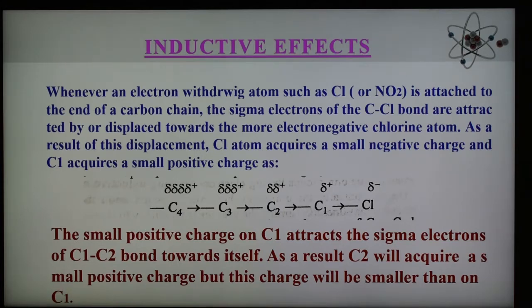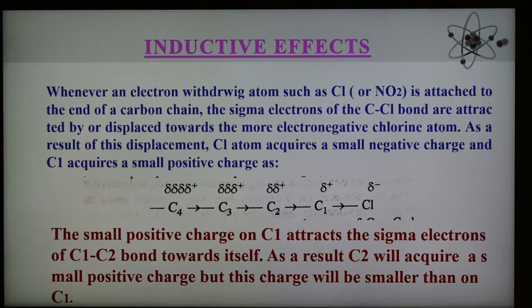So this is the inductive effect, this type of displacement of sigma electrons from one carbon to another, shown here in this slide. The inductive effect is most powerful only at the carbon to which the heteroatom is connected directly, and it decreases quickly as the distance of the carbon from the heteroatom increases.